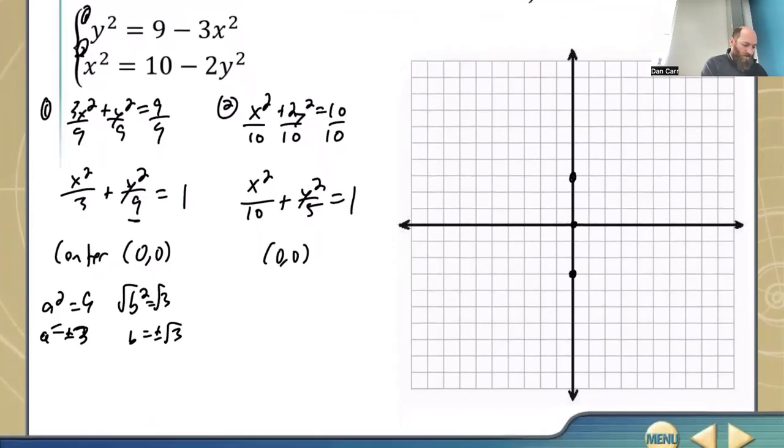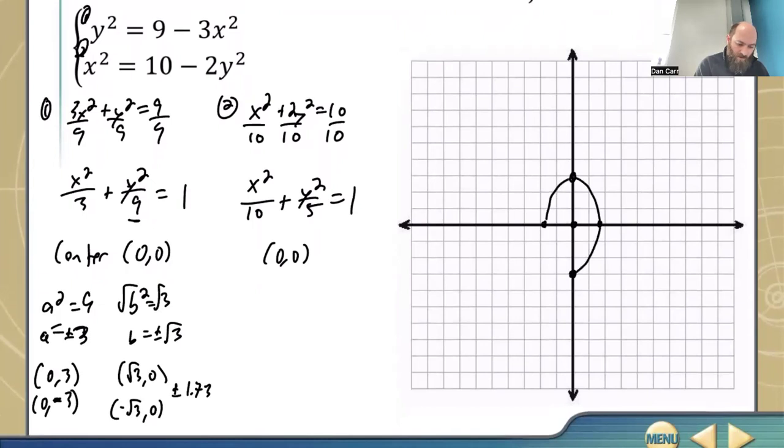Because of these points, I've got 0, 3 and 0, negative 3. For b squared, I'm going to have root 3, 0 and negative root 3, 0. Both of these are about 1.73, so 1.73 is about right here and about right here. So here's my first ellipse.